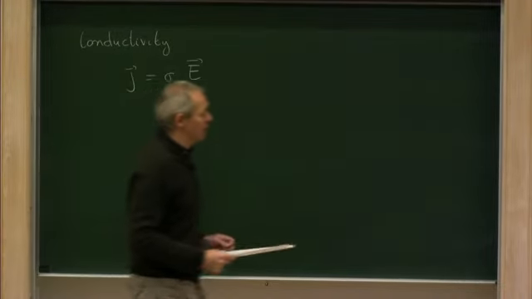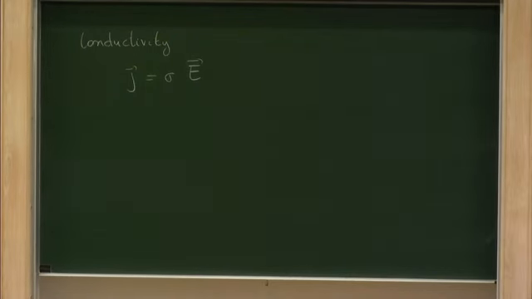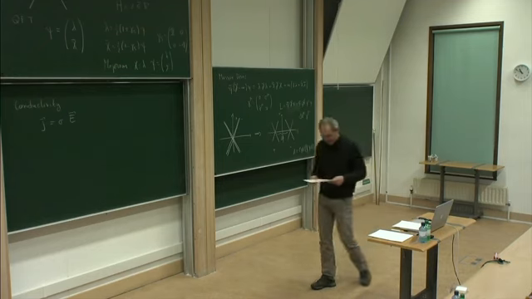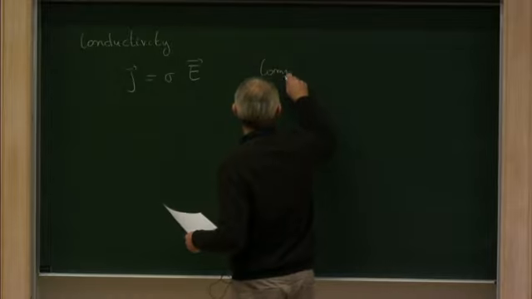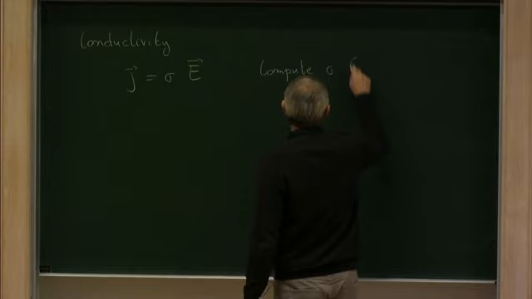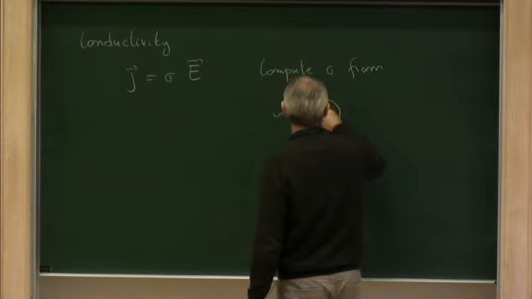This conductivity can be computed for the case of a free system. Basically, you apply an external electromagnetic field, and this is a nice quantum field theory calculation. There are various ways to compute the conductivity, but basically it boils down to this Feynman diagram.